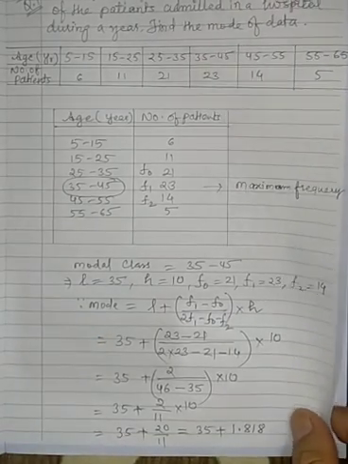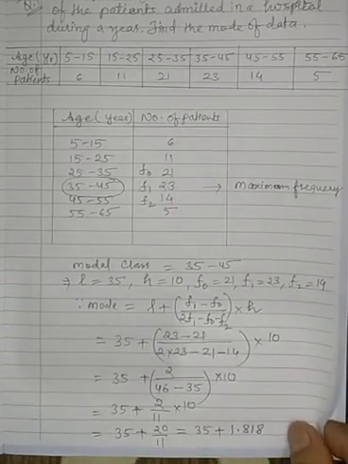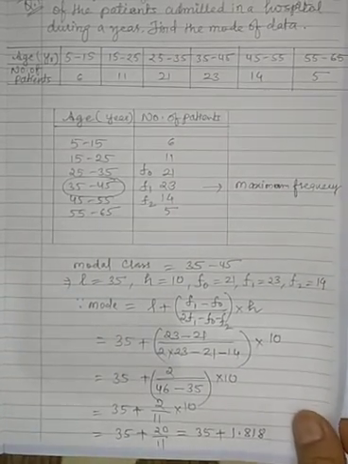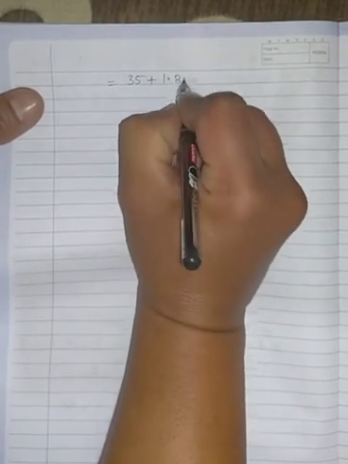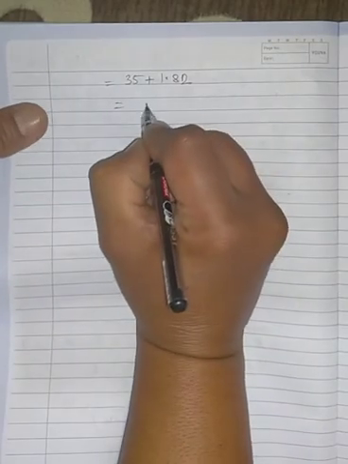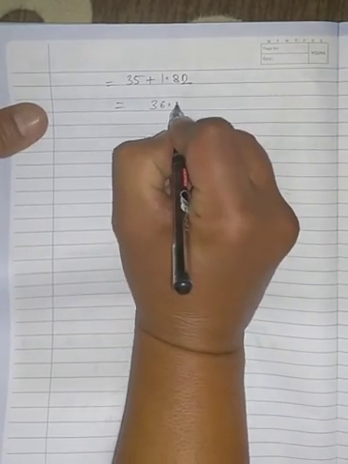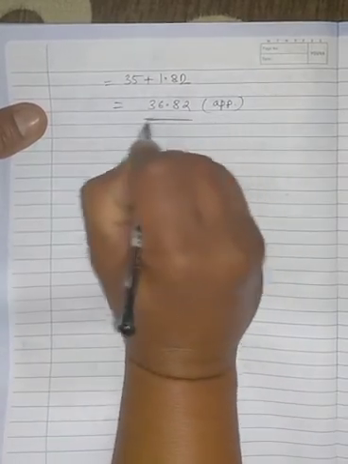So we can round it up to get the value of 35 plus 1.818, or 35 plus 1.82, that is 36.82 approx is the mode of the data.